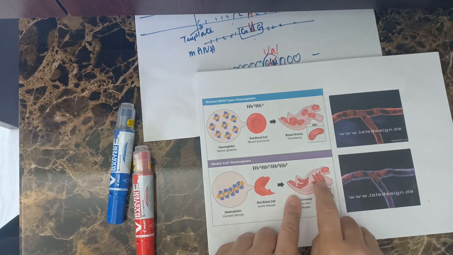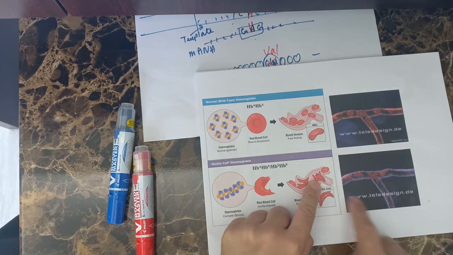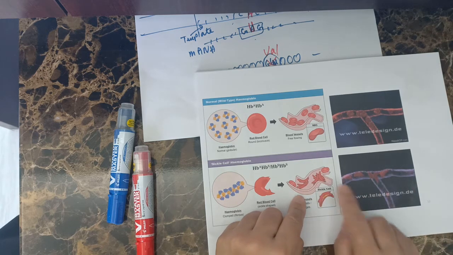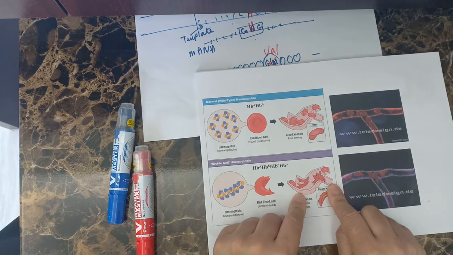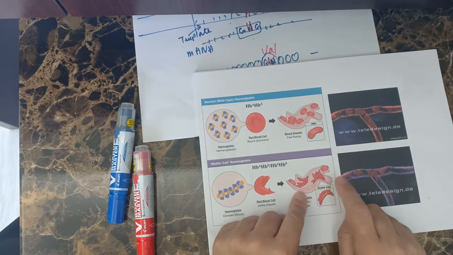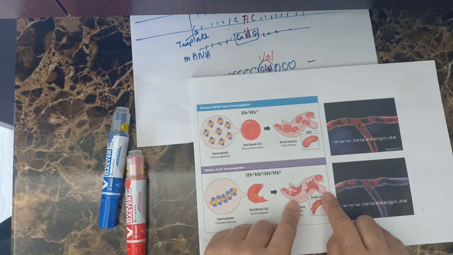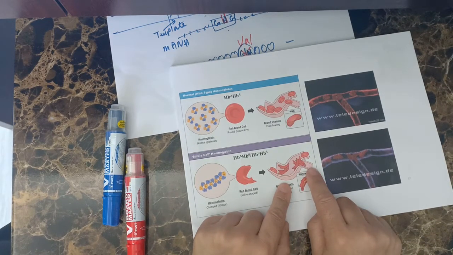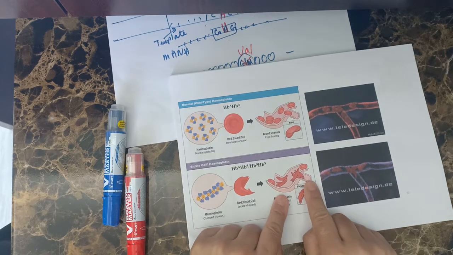When they clump here, what will happen? It means this part of the body, of the tissue, will not receive any blood. Imagine this happens in your brain, or in the heart, or in any organ. What will happen? In the brain, for example, it will cause stroke. If it happens in the heart, it will cause heart attack. It can happen anywhere.